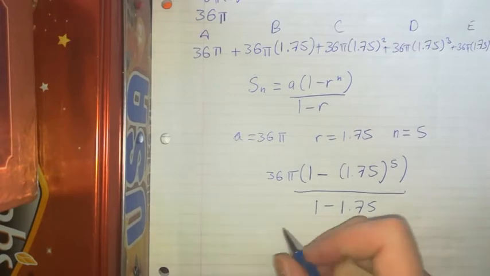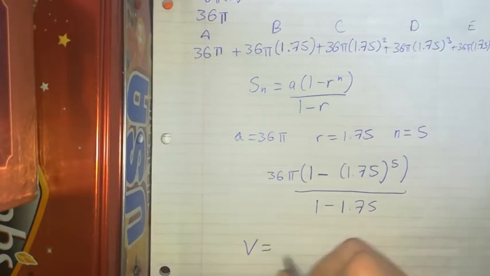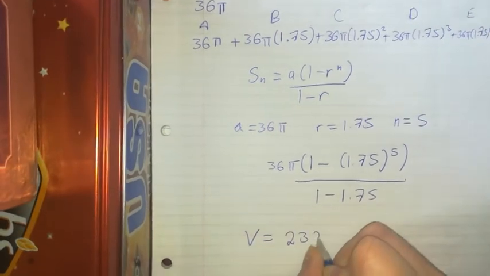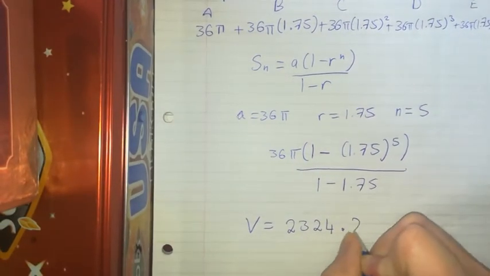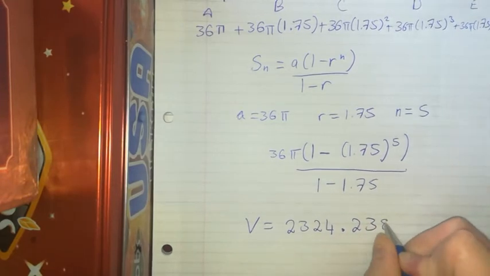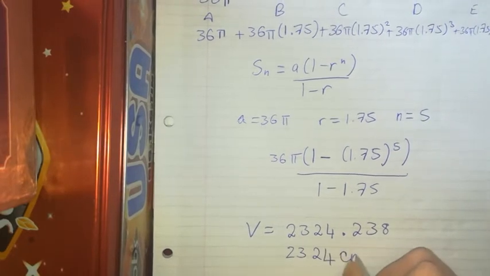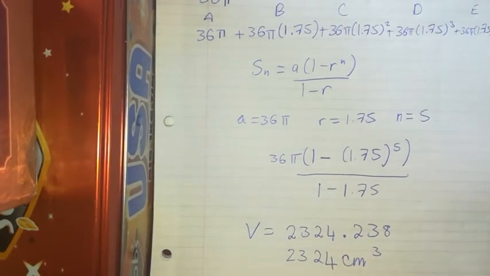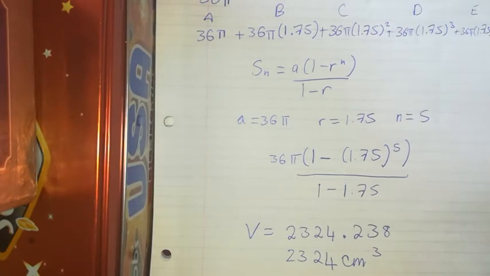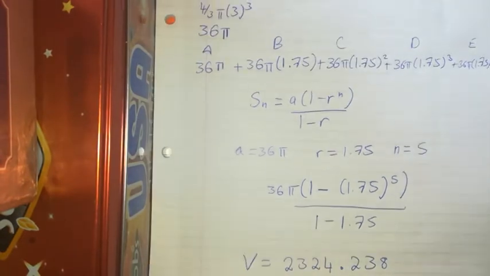I'll work this out on my calculator, and I get the volume of all of them together is 2324.238, so 2324 centimeters cubed.